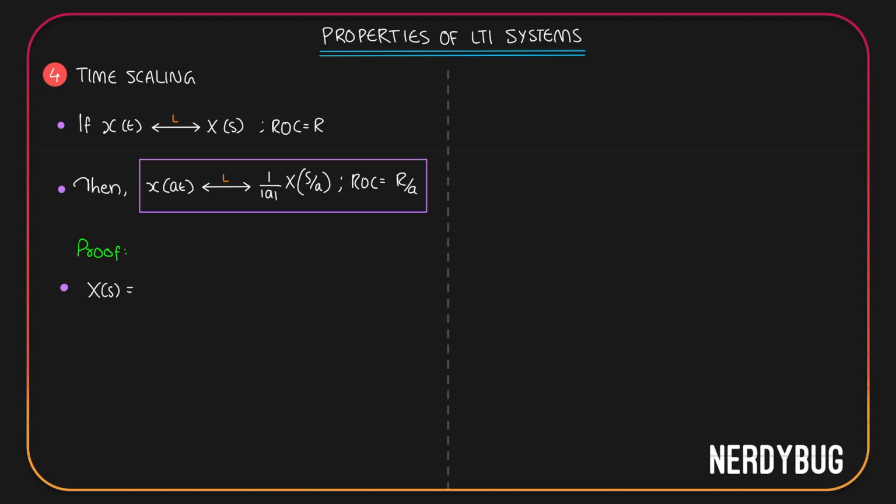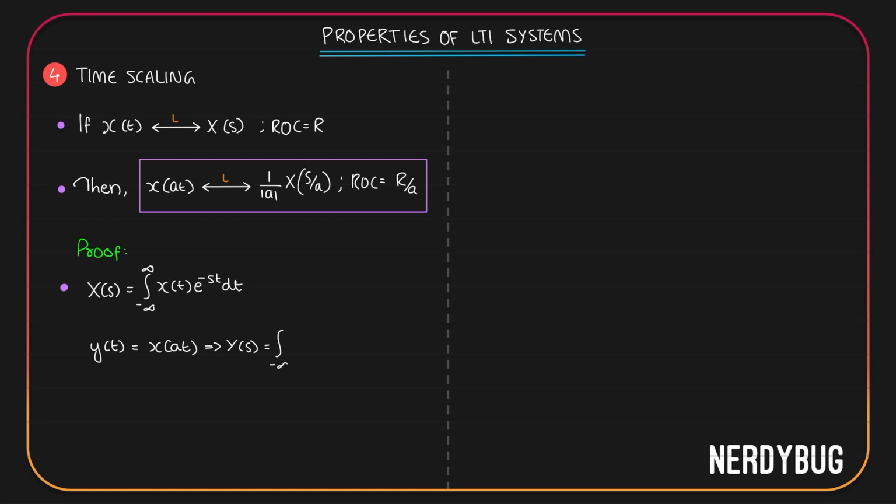We know X of s is equal to integral from minus infinity to infinity x of t e raised to minus st dt. Let us take y of t to be the time scaled version of x of t, that is x of at. Then we can write its Laplace transform Y of s.